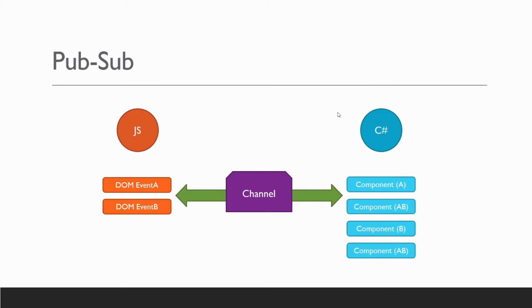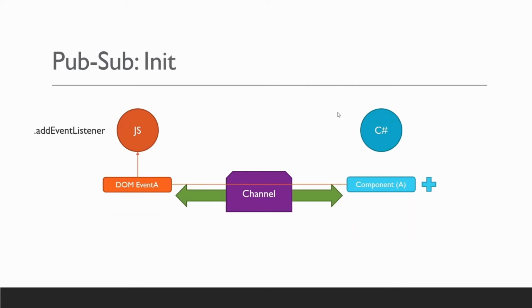But you may run into an instance where this is going to be really handy, especially if you're considering an API that's going to be used with Blazor server. So what the pub sub pattern is going to do here is we're going to use it to minimize the number of event handlers that are taking place in JavaScript.